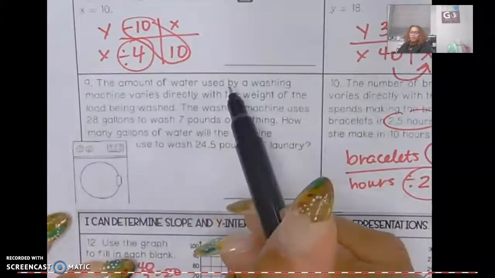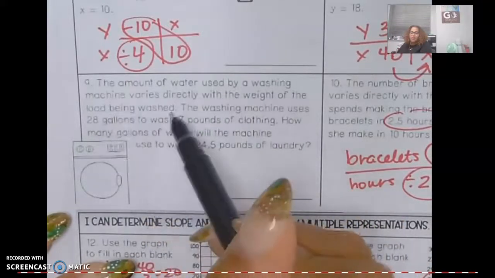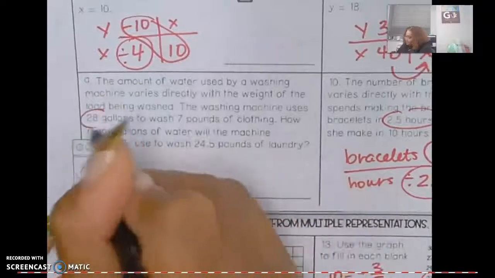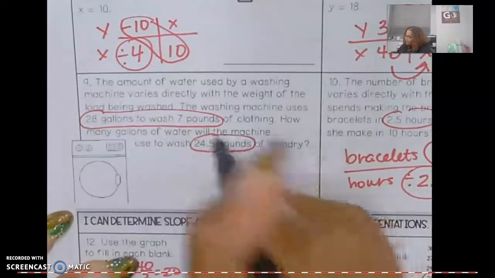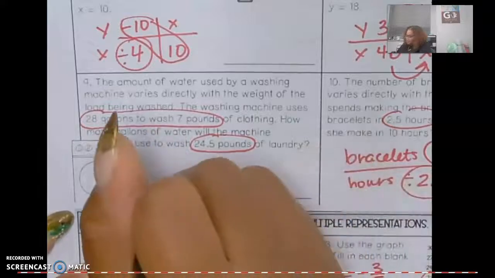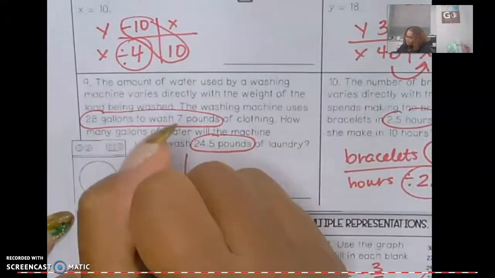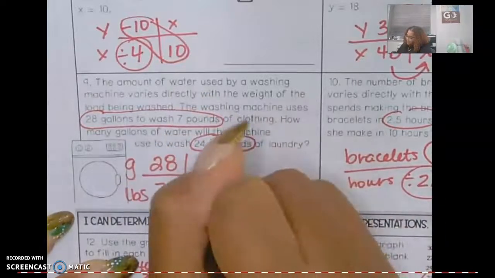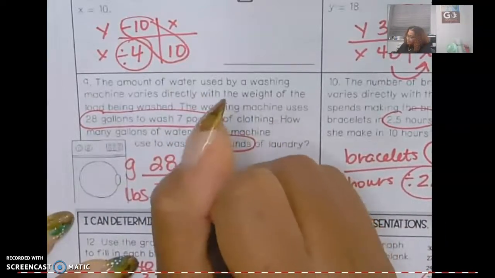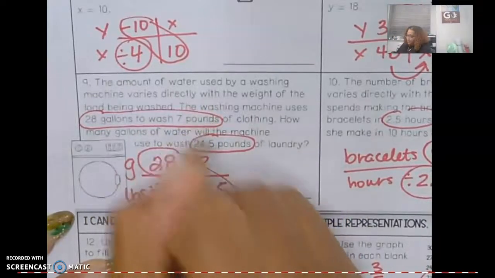The amount of water used by a washing machine varies directly with the weight of the load being washed. So I've got 28 gallons and 7 pounds, and then I have 24.5 pounds of laundry. So in my proportion, I've got gallons and pounds, 28 and 7 and 24.5, and I don't know what this is, so I can cross multiply and divide.